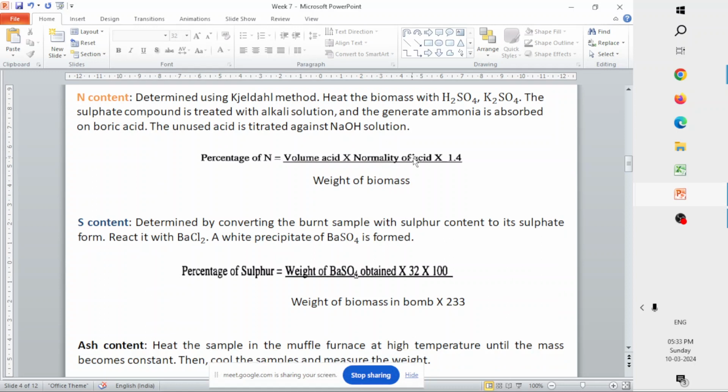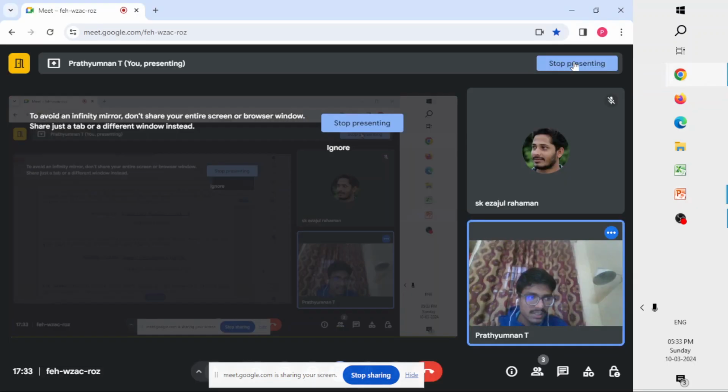Let me just ask if anyone has any doubts related to this. Do you have any kind of doubt? Because this is something that is not covered in the video lecture. The ultimate analysis part is something we are covering now as an addition, because this will complete the characterization of the biomass as a whole.